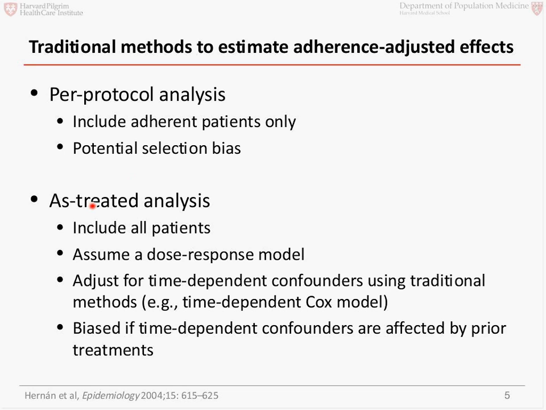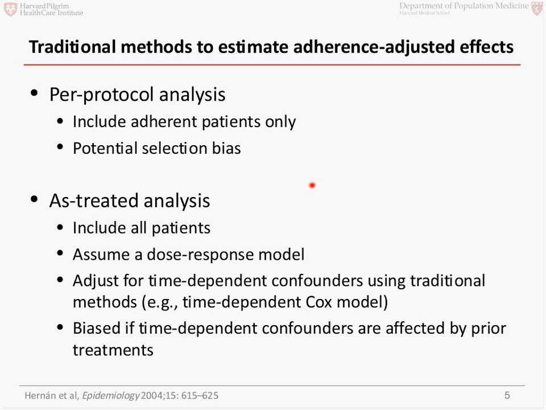And the second approach, we shall call it the as-treated analysis. In this analysis, you include all patients. Some patients take the drug for 1 month, some for 3, some for the entire follow-up. You don't censor patients when they become non-adherent.